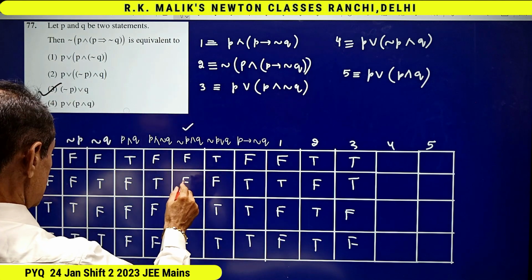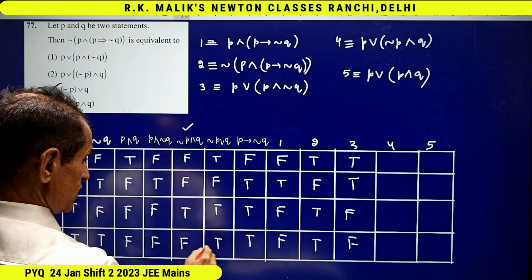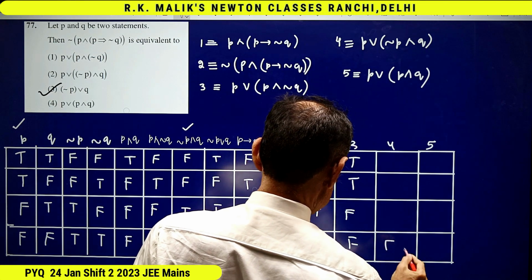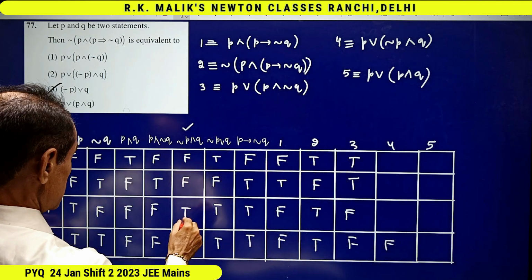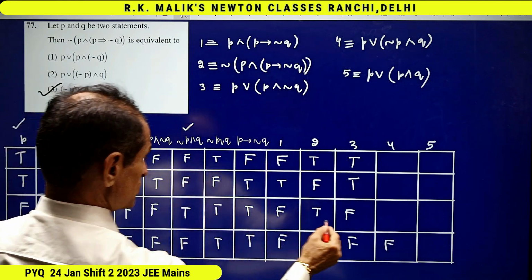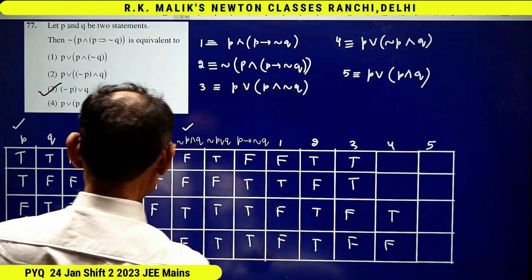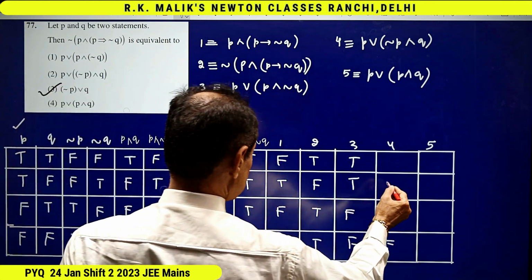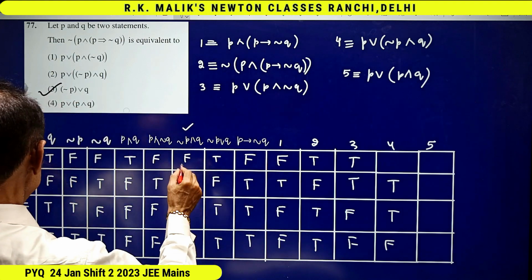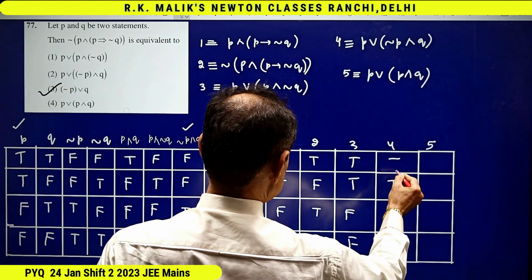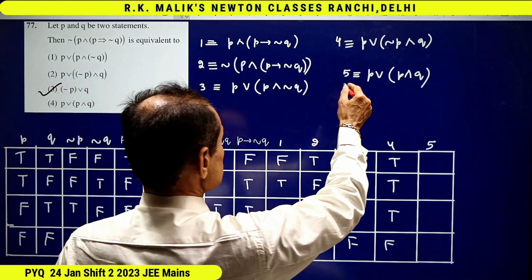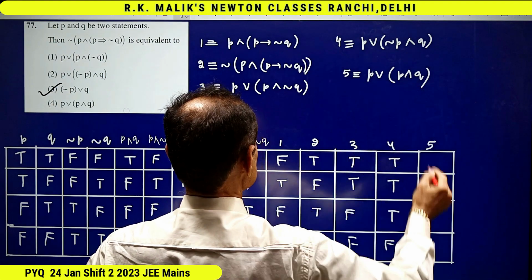Both are false is here only. Therefore, it will be F. In all other cases, FT means T, TF means T, TF means T, and fifth means P or P and Q.